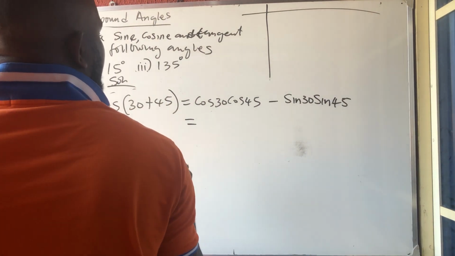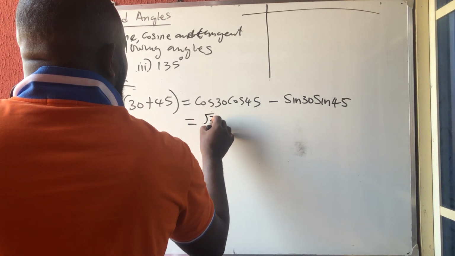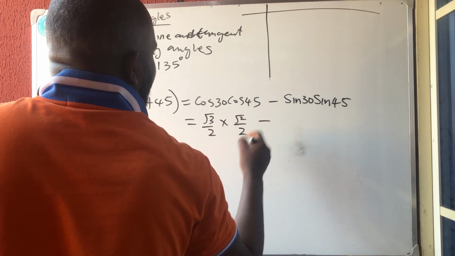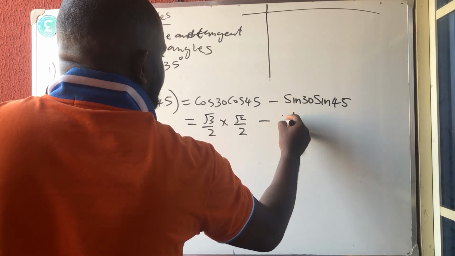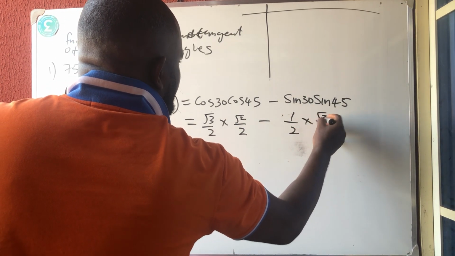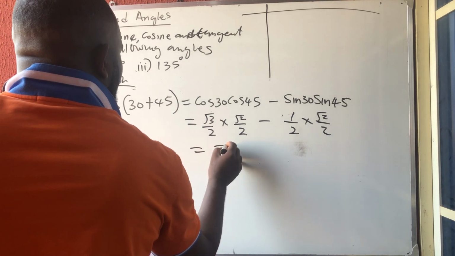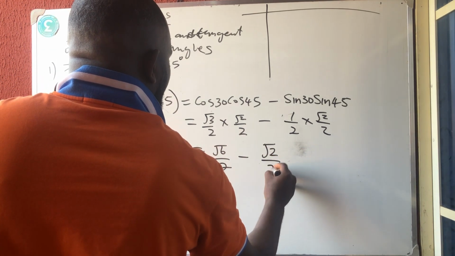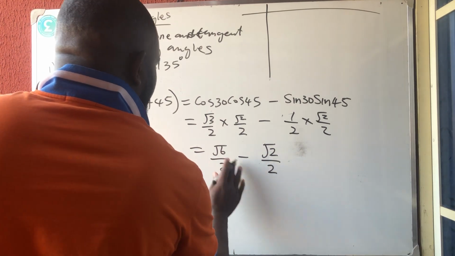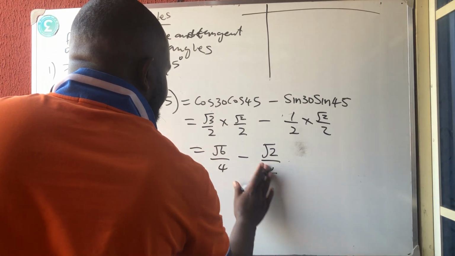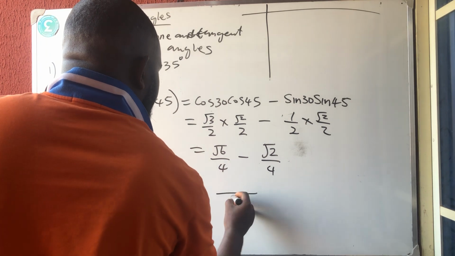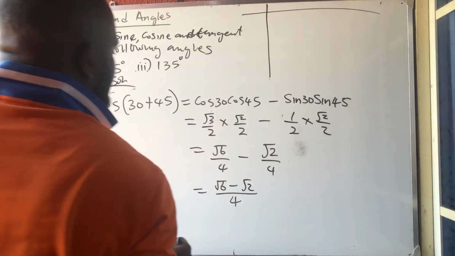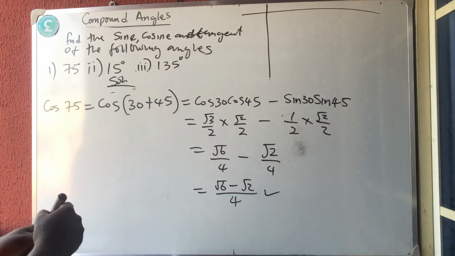Cos 30 is root 3 over 2 times root 2 over 2, minus 1 over 2 times root 2 over 2. So we have root 6 over 4 minus root 2 over 4. The LCM is 4, so I'm having root 6 minus root 2 all over 4. So that is the answer for this one.